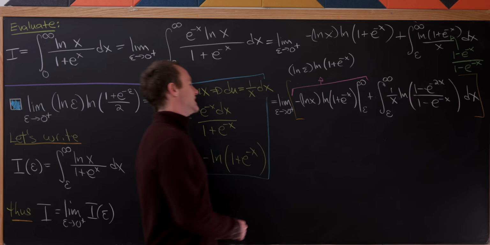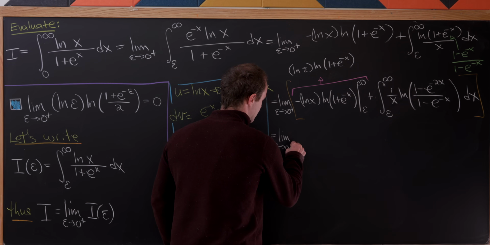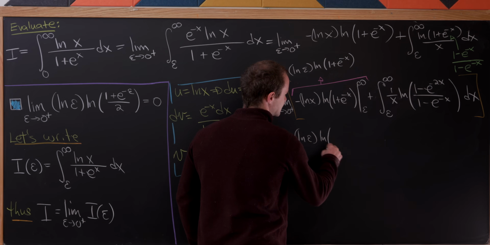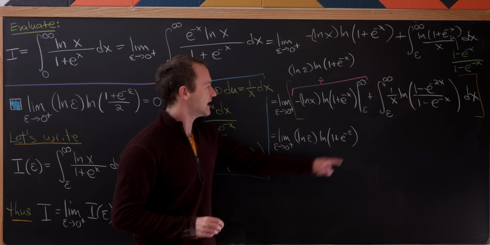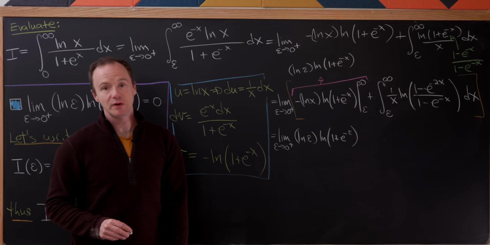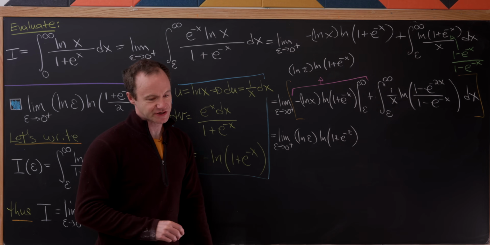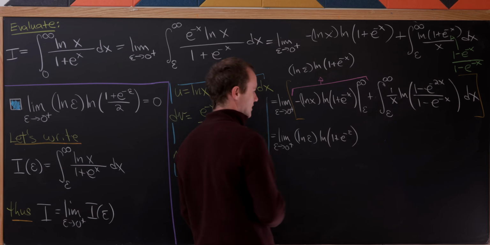Okay, so what's our next game? I'll copy a bunch of this stuff down, and then we'll get going on that. So I have this natural log of epsilon, natural log of 1 plus e to the minus epsilon. And then I'll break these into two integrals. That's because I've got this natural log of a quotient, which will turn into the difference of natural logs.